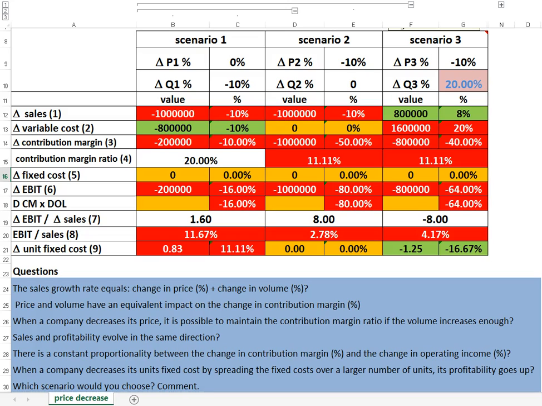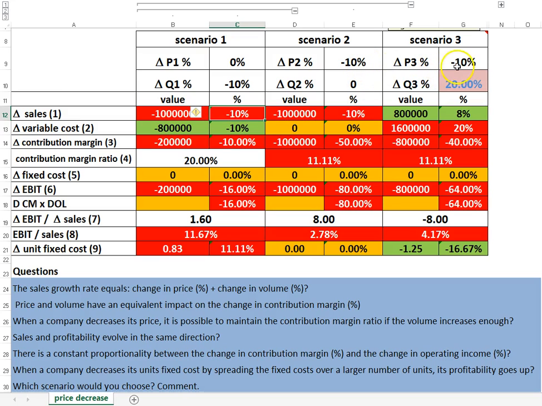So the first question which I asked in the questionnaire was: the sales growth rate equals change in price plus change in volume. If we look at scenario 1 and scenario 2, at the change in sales, we see that yes, scenario 1 has a change in sales which equals the change in volume, and yes, scenario 2 has a change in sales which equals the change in price.